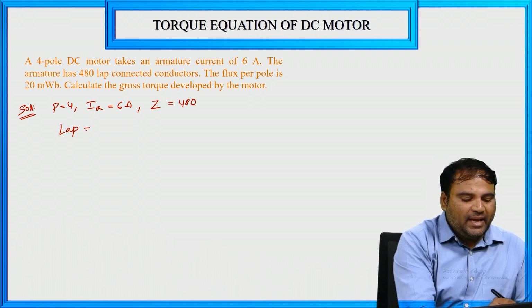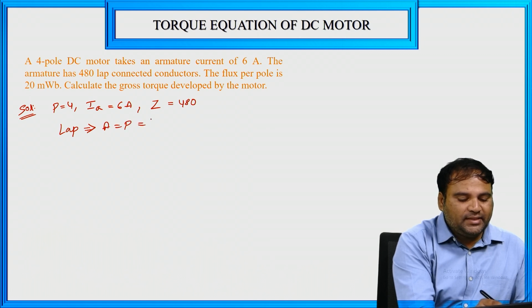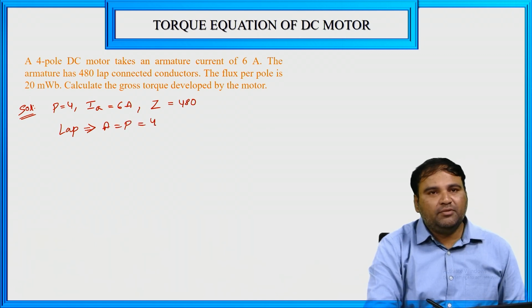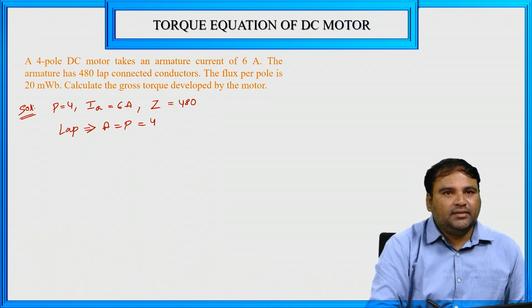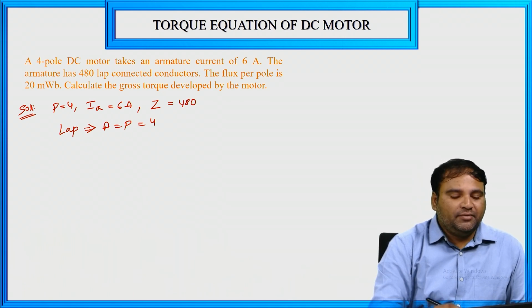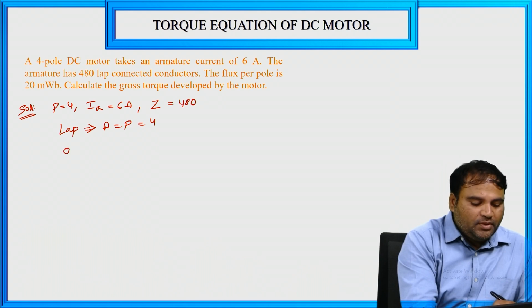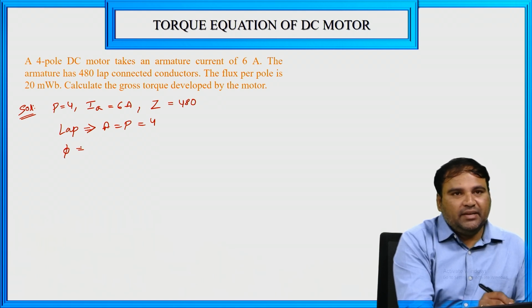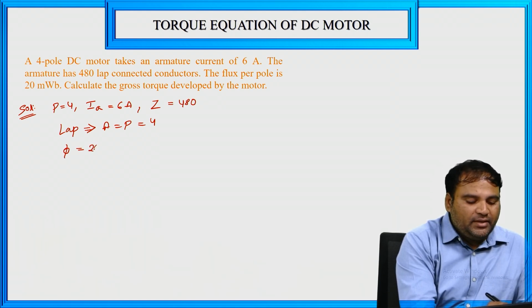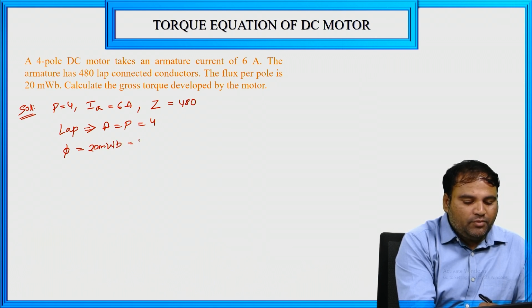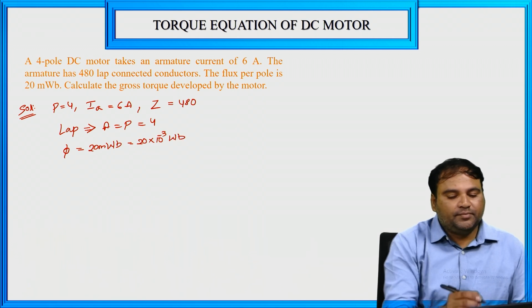If it is lap connected, the condition is A equal to P, that is equal to 4, right? And flux per pole, the flux produced by each and every pole is 20 milliweber, or 20 into 10 to the power of minus 3 Weber, right?